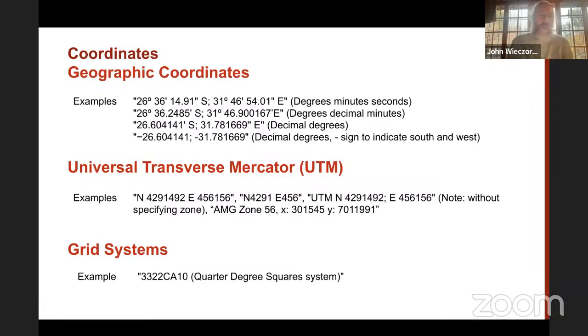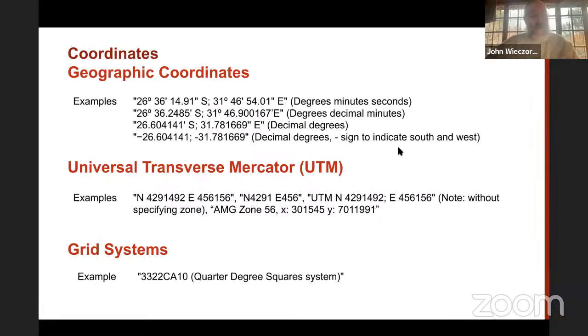Sometimes, as Paula noted, the decimal degrees will come with hemisphere indicators that are letters, but more normally, and the standard way to do it, is by using positive and negative numbers, putting negative signs on when in the southern hemisphere or in the western hemisphere, and you don't put a plus sign when they're in the north or in the east. You leave them without a sign.